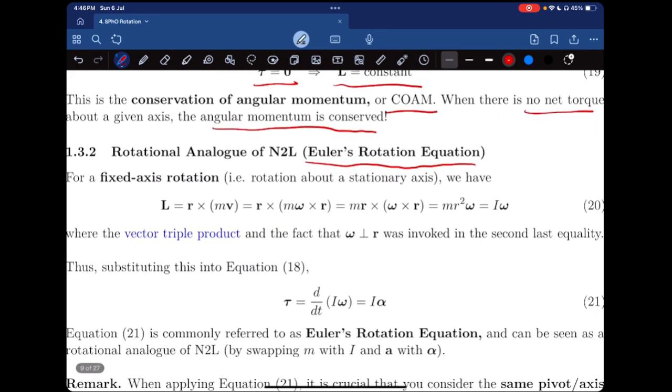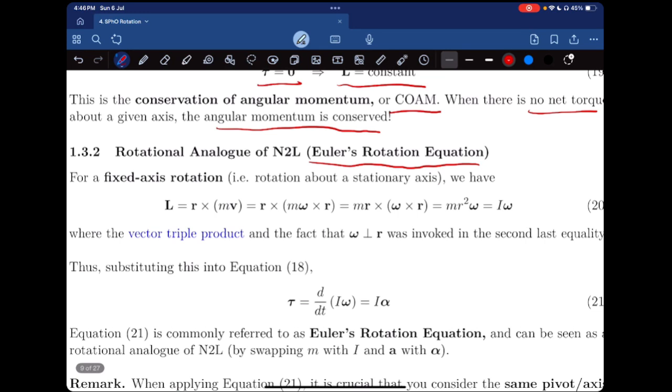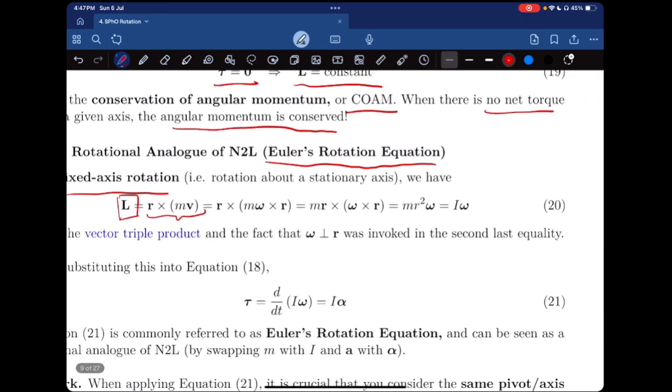For this part, if you have a fixed axis rotation, which means that your axis of rotation is fixed, then you can expand out the angular momentum like that. Here we just plug in p equals mv, and we just expand.